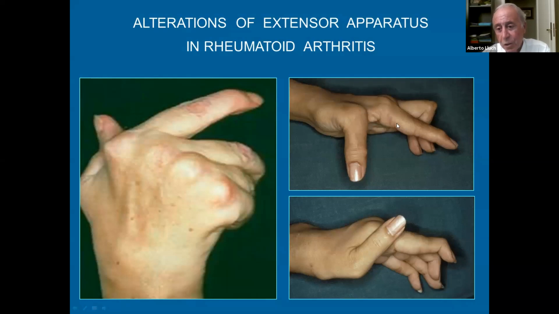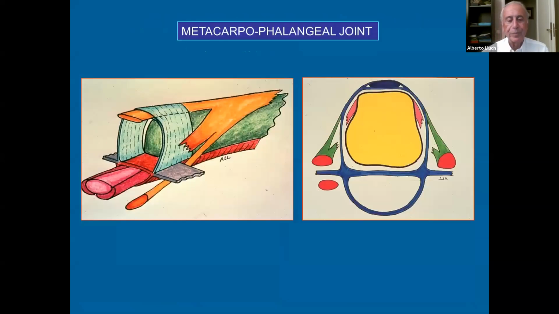In the same hand, a swan neck deformity, and in the same hand, boutonniere deformity. And here, the swan neck deformity was due to synovitis of the flexor tendon. And this is a little bit more difficult to understand because all the deformities occur not suddenly, like in an accident, but they appear very slowly, and they're imperceptible to the patient or even to the doctor.